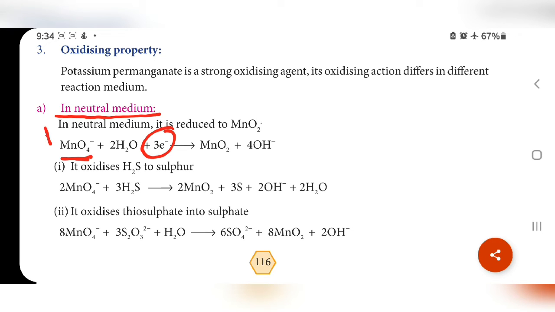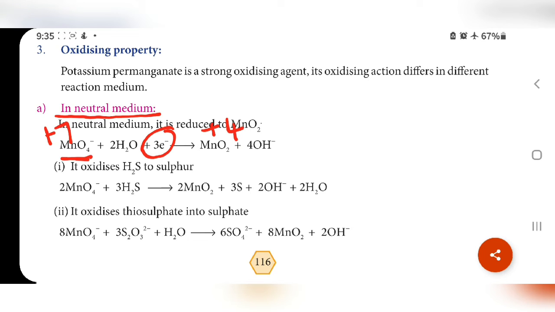Here the oxidation number of Mn is plus 7. Here the oxidation number of Mn is plus 4. So here charge is reduced, so it acts as an oxidizing agent. For oxidation, charge is increased. For oxidizing agent, charge is decreased. Here charge is decreased, so here permanganate ion acts as an oxidizing agent.